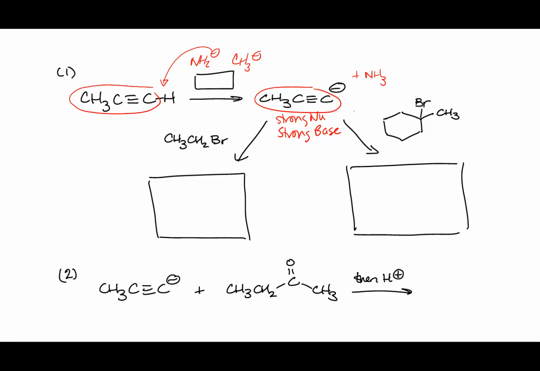So what's going to happen? This C minus comes in, attacks that carbon, and kicks the bromine off. I've now added an ethyl group to the triple bond. On Monday we said that reaction is called an alkylation reaction.